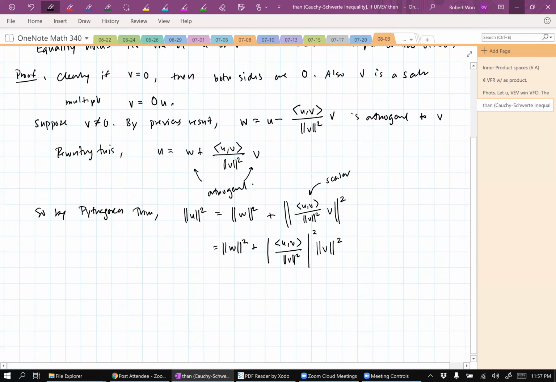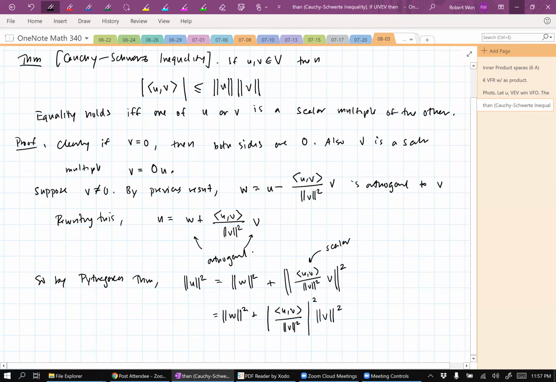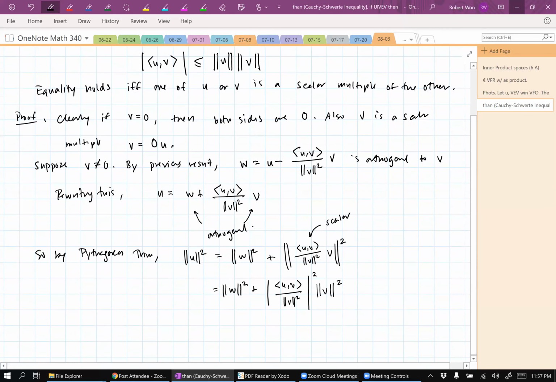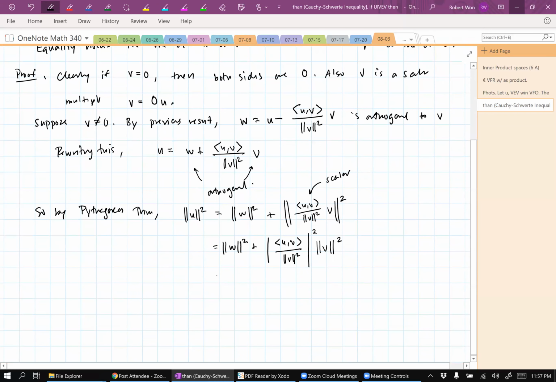Right, okay. But whatever in here is just the length of two scalars divided by each other, and I've taken their absolute value. So this is the same thing as the absolute value of the inner product of u and v, squared, over the norm of v squared, because this one, if you take the absolute value, it's a non-negative real number, so you don't need the absolute value.